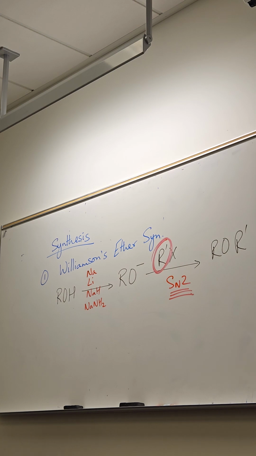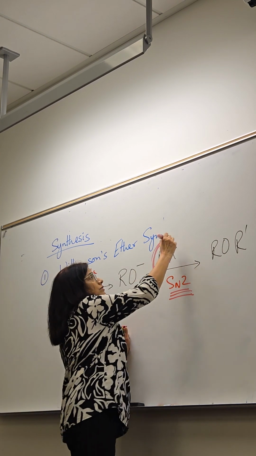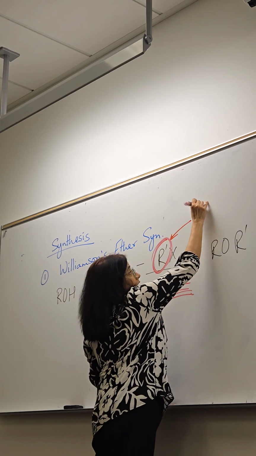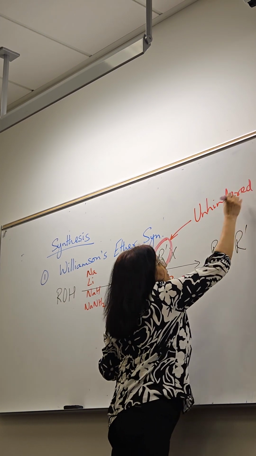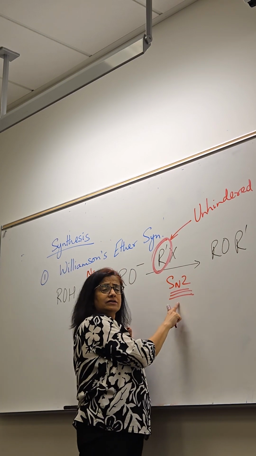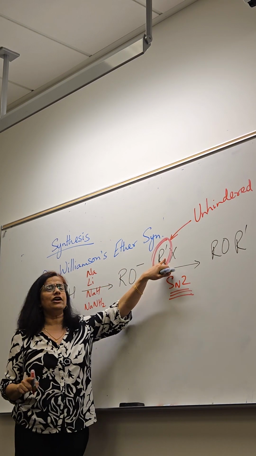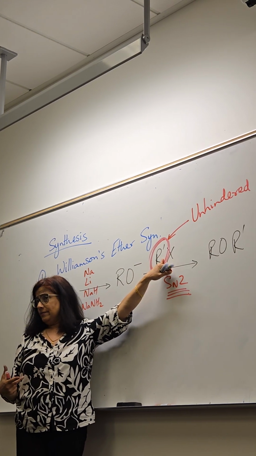If the second step is SN2, that puts a restriction on us. It has to be unhindered. Yes, unhindered primary RX is the best. Maybe secondary, but never tertiary. Absolutely, because you want to do an SN2 reaction, which means the electrophile has to be unhindered. Does that make sense, everyone?